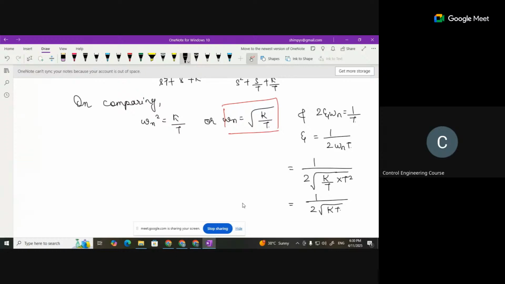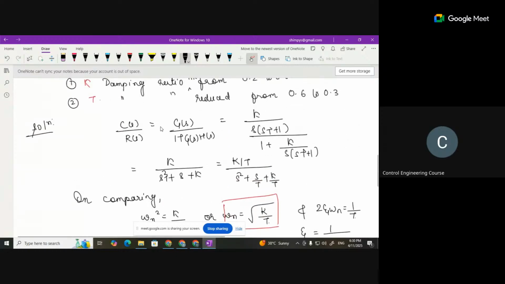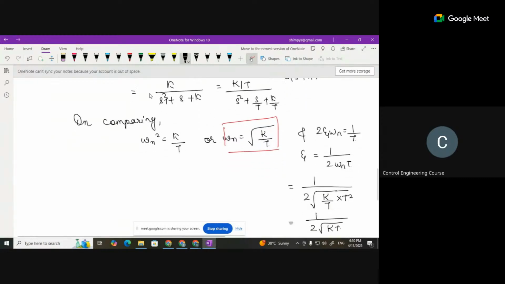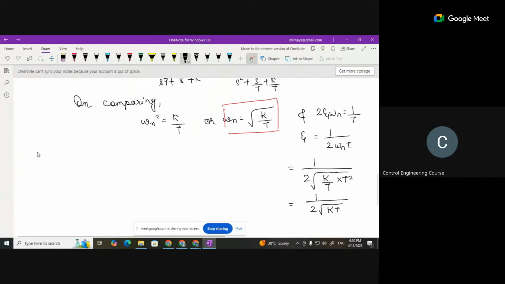Up till here okay? Now see, my condition is what factor should be multiplied with K so that the damping ratio is increased from 0.2 to 0.8. For part A, my zeta 1 is 0.2 and I'm writing it as 1 by 2 root over K1 T1. For zeta 2 equals 0.8, it is 1 by 2 root over K2 T2.